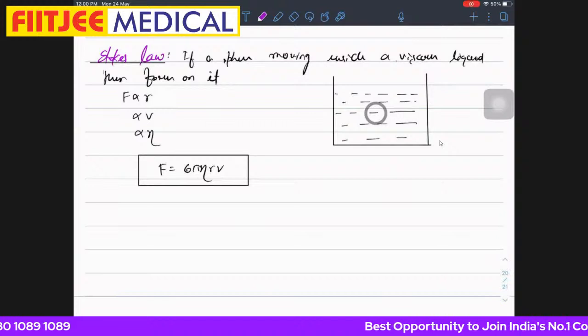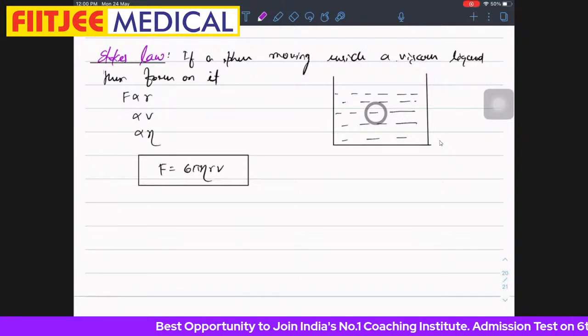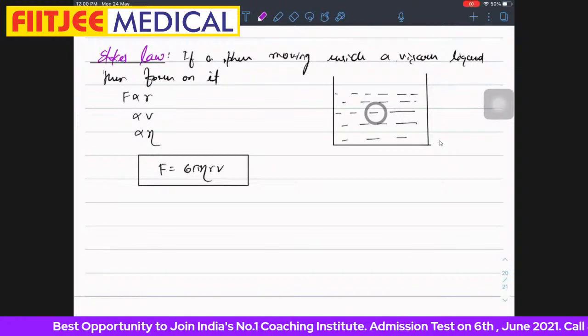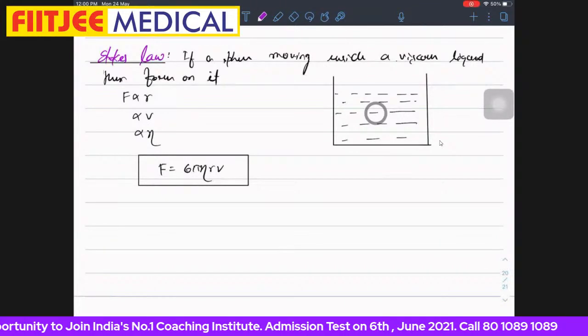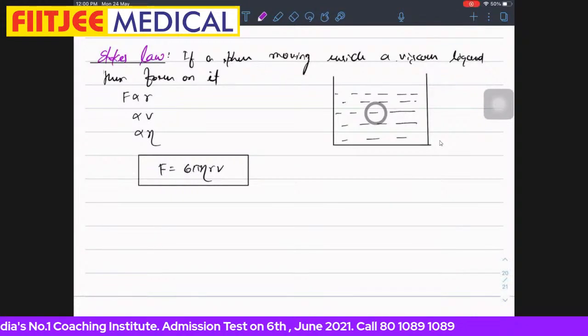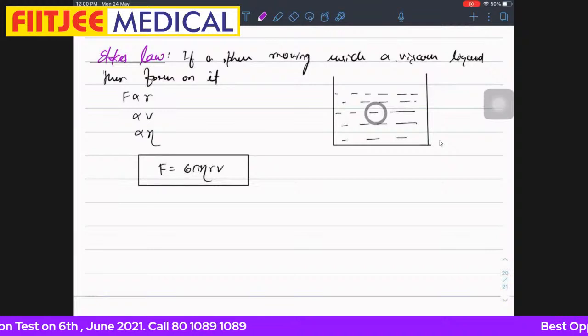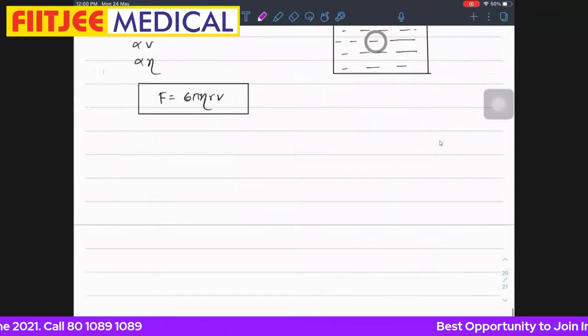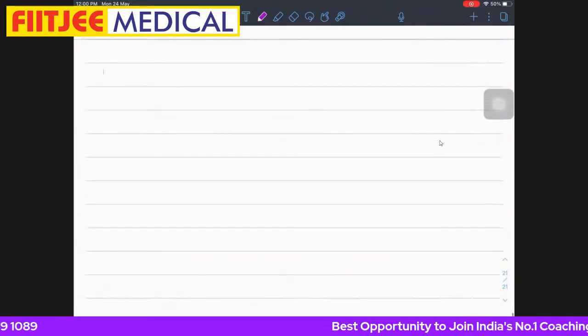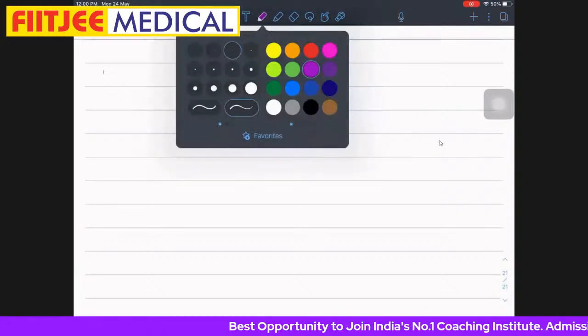Initially the gravitational force will dominate. Buoyancy will try to oppose, but if the sphere is denser, it will apply a constant force. But due to Stokes law, as the velocity increases, the viscous force will increase. So after some time, its velocity will become constant. That is called terminal velocity.